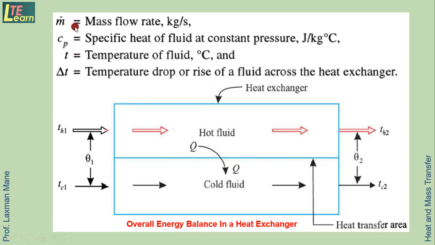Here m dot is the mass flow rate in kilogram per second. Cp is the specific heat of fluid at constant pressure. Delta T is the temperature drop or rise of a fluid across the heat exchanger.